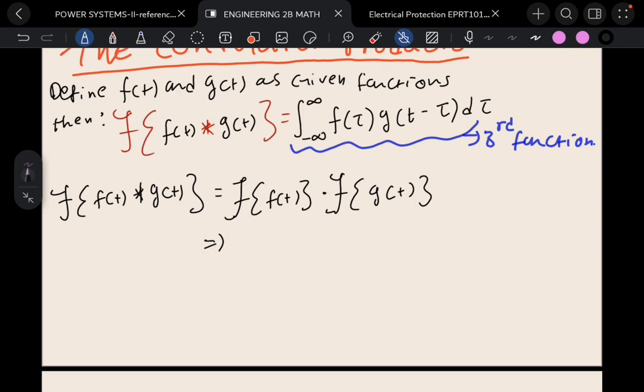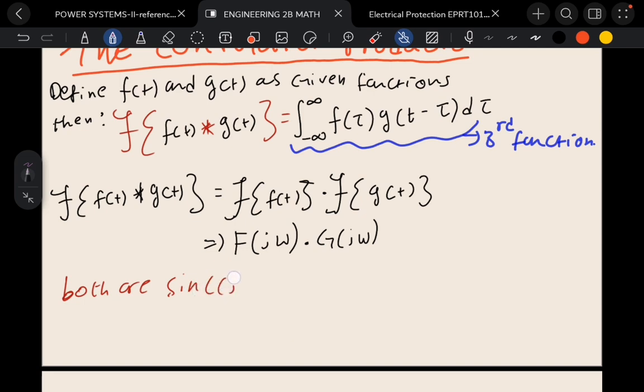So we know that the Fourier transform of f of t is f of j omega times the Fourier transform of g of t, it is g of j omega, and both are sinc of j of a omega.